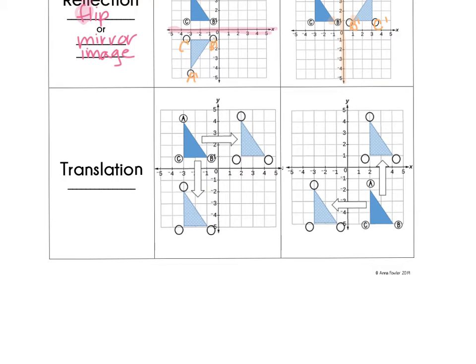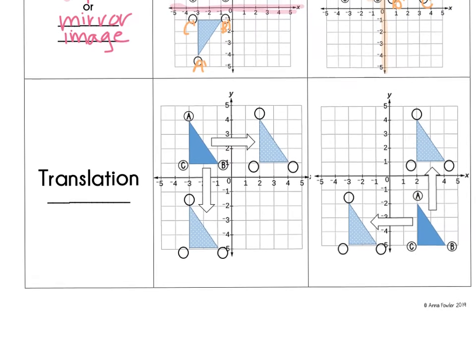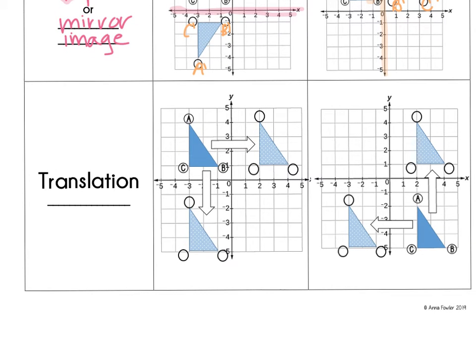The next type of transformation is a translation. We've already talked about how that is a slide. Something that can help you remember that it's a slide, look at how translation is spelled. SL. There's also an SL in slide. So translation, slide.